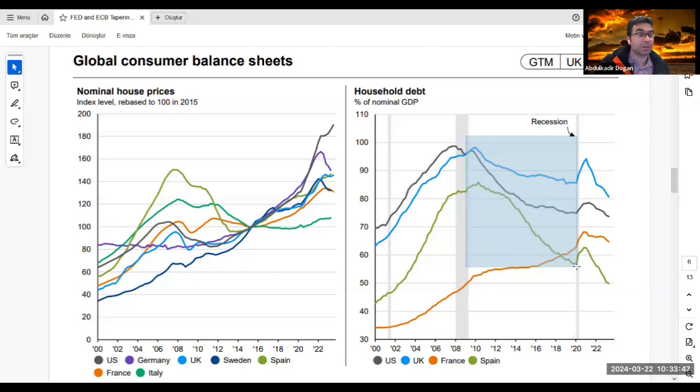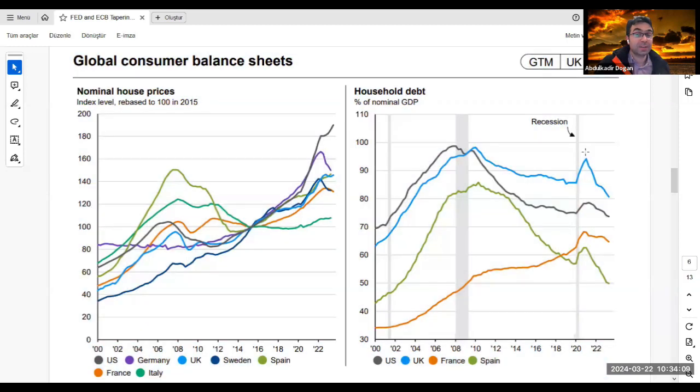When COVID started, with the cheaper interest rate, household debt started to increase again because lots of people were borrowing, because interest rate is really low. Central banks decreased interest rate to the zero lower bound. And during this period, as you see, when the interest rate is cheaper, household debt is really rising.